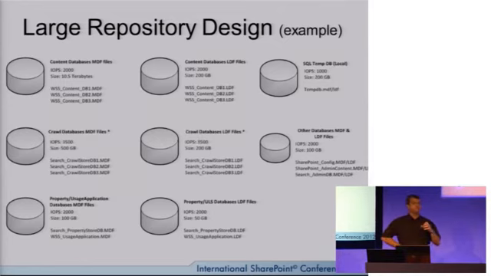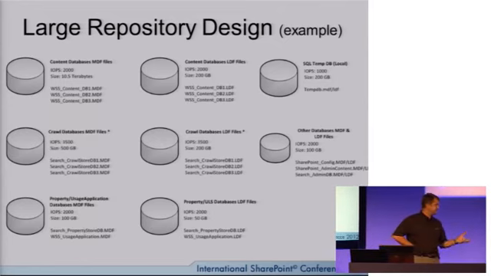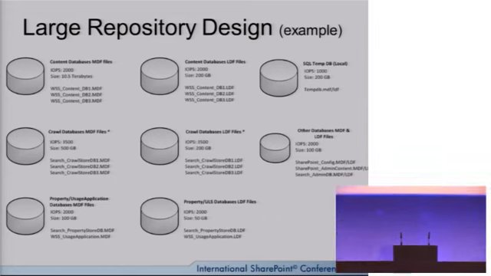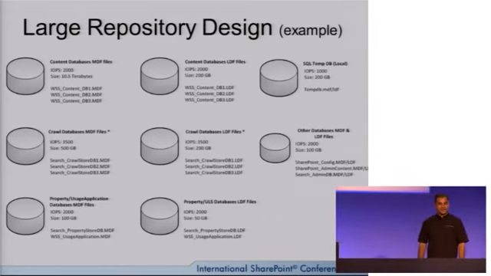So taking those really, really busy service applications like user profiles, search, especially the crawl. I think the crawl is probably the busiest application you're going to see for I/O on the disk. In fact, the crawl DB is probably the ugliest, nastiest database out of SharePoint. When you're running a crawl, that thing gets hammered.